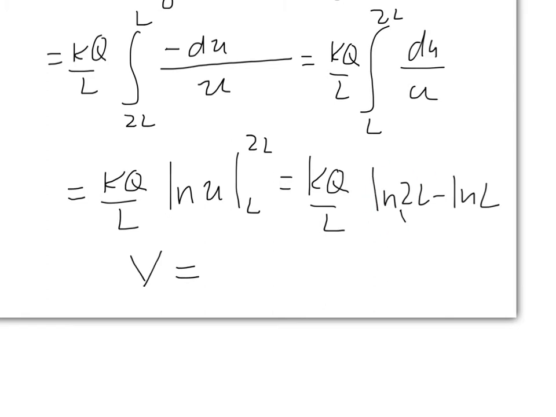There's a parenthesis right here to make that obvious. You know that when you take the log of A minus the log of B, you get the log of A over B. So we divide this by this. The L's will cancel and you just get log 2. So it's kq over L times log 2, which is the final answer.